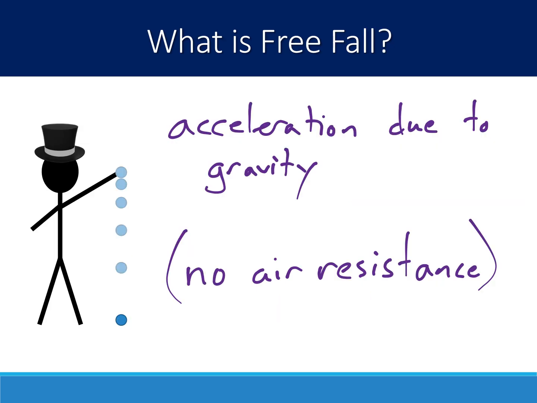In this next section, I'm going to combine the ideas of equations with acceleration with a very common scenario where objects are accelerated, and that happens during free fall. Now, free fall is when gravity is the only force acting on an object.